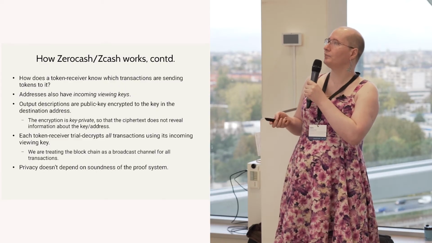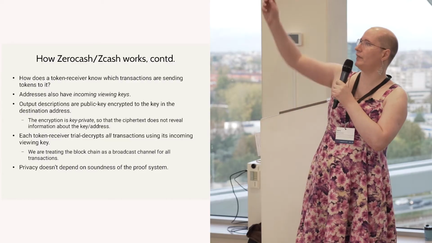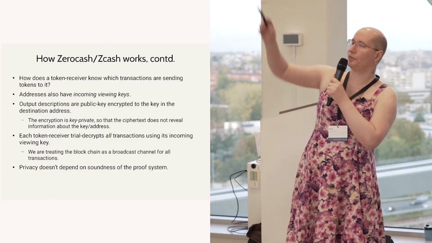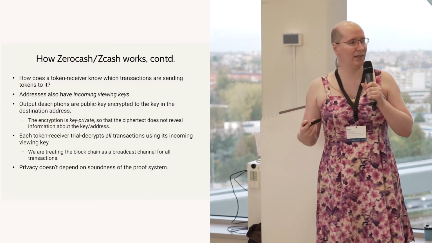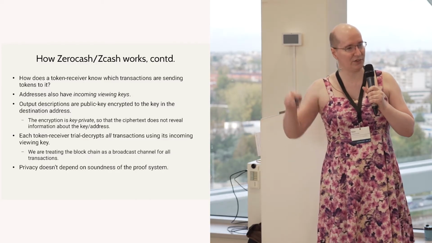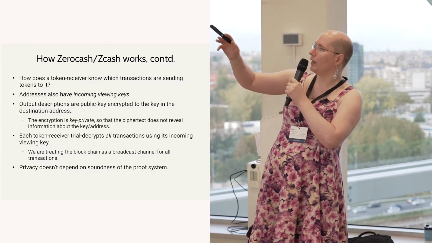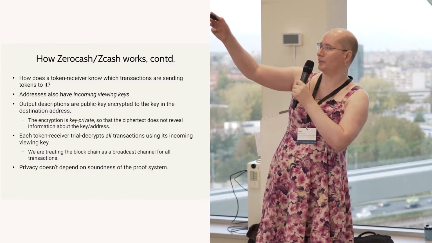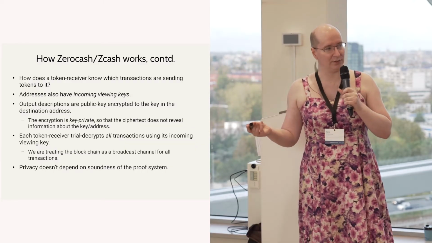Okay, so in more detail how Zcash works, I've already gone through how the receiver of a note knows that the note is addressed to them. They just trial decrypt all of the outputs. So this requires the blockchain to be a broadcast channel.